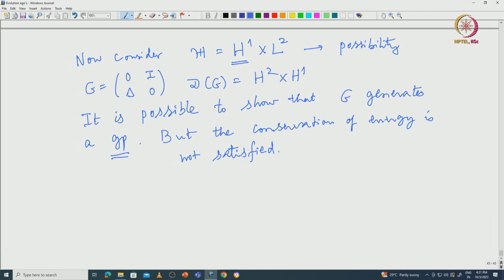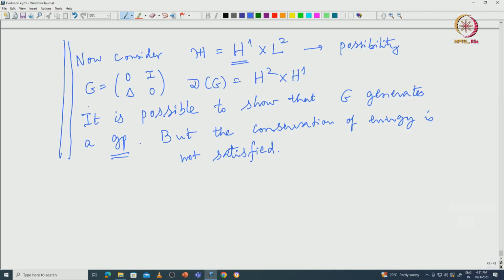Next time I will take up the wave equation again, but now with this setup. It is similar, but the computations are a bit lengthy. Last time in this case we just showed that G is skew adjoint, but now we have to obtain the spectral estimates, resolvent estimates.